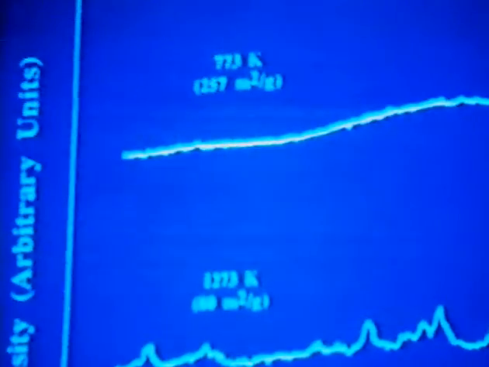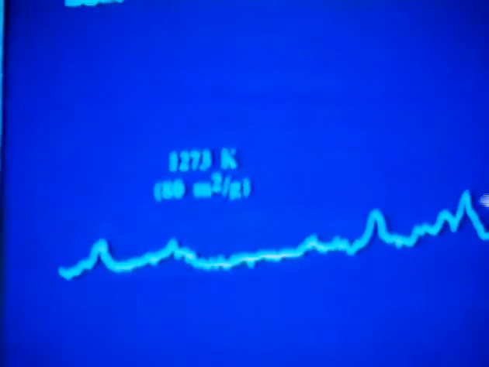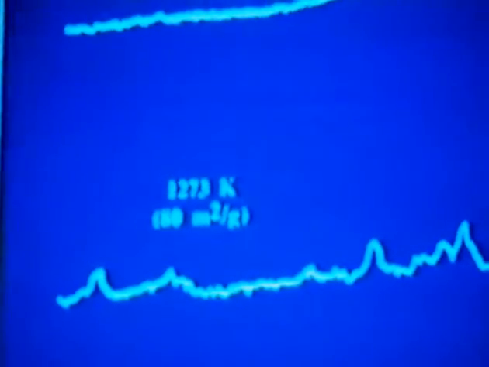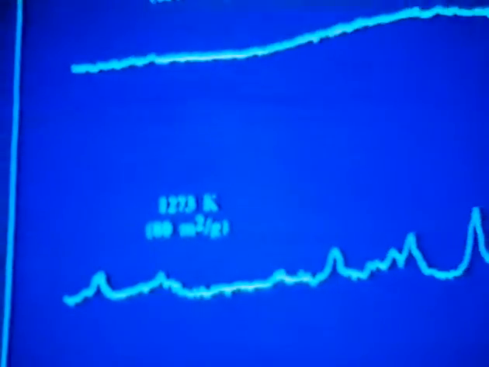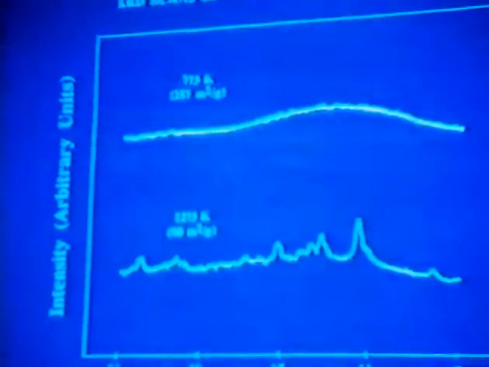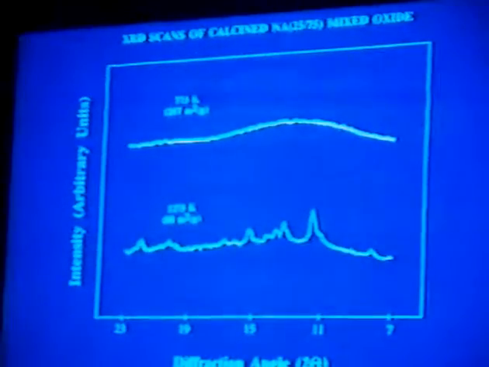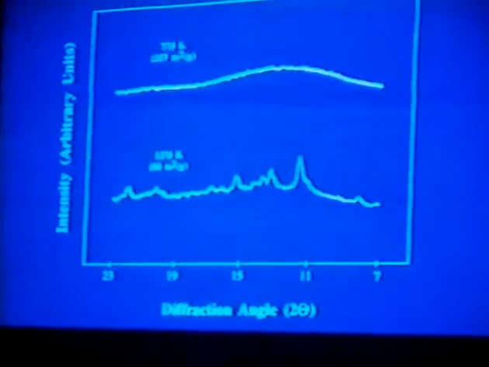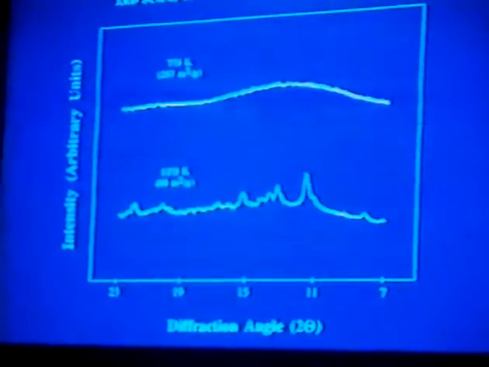But after the high temperature calcination, notice the emergence of new diffraction features, and concurrent with that, a significant loss in surface area, in this case roughly by a factor of 3, from 260 square meters per gram to about 80. Indexing of this peak shows us that with this high temperature treatment, we were now forming a niobium aluminum oxygen compound of stoichiometry NbAlO4.